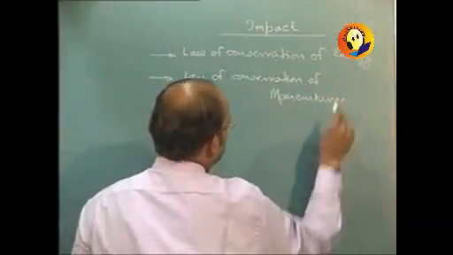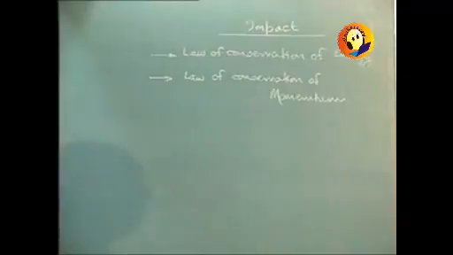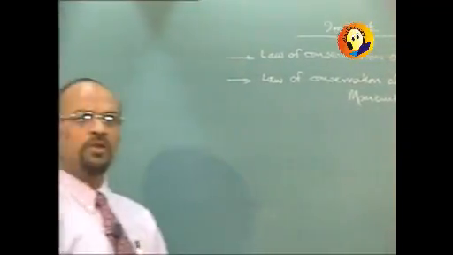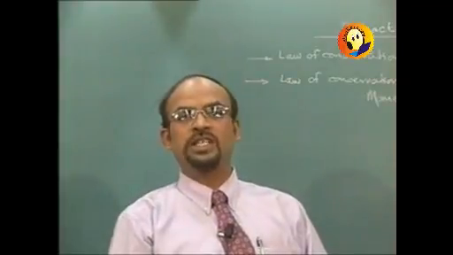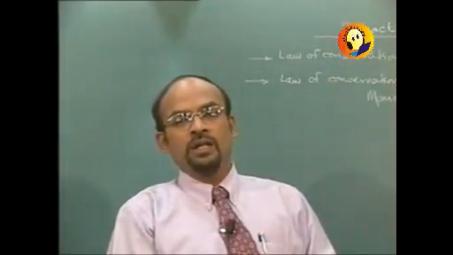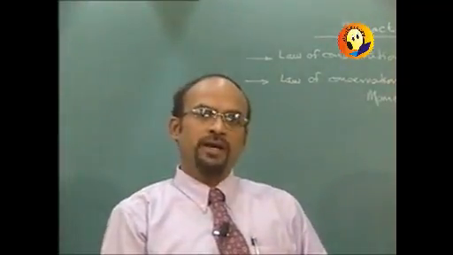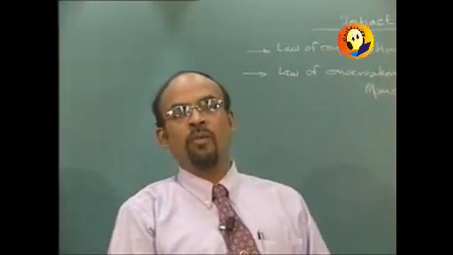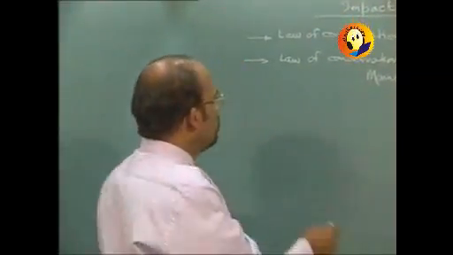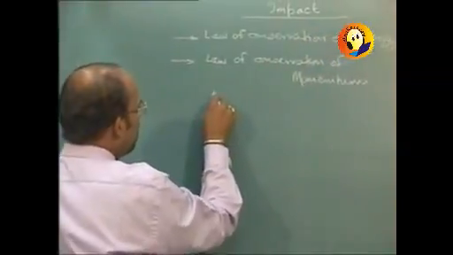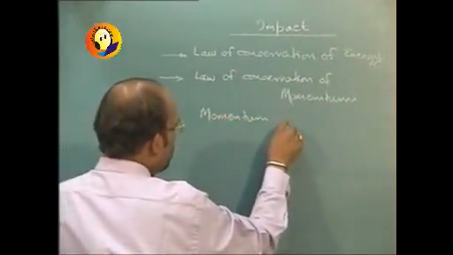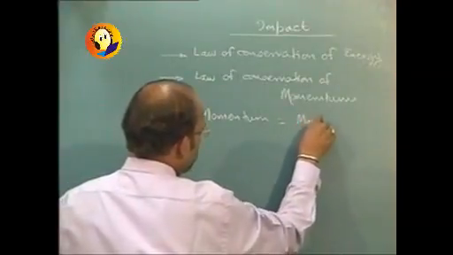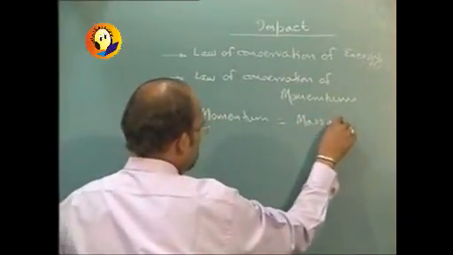Law of conservation of momentum, which says that the momentum before the impact, that is the collision between two bodies or say several bodies, will be same as that of momentum after the impact. So we can simply say that momentum is nothing but the product of mass and velocity.